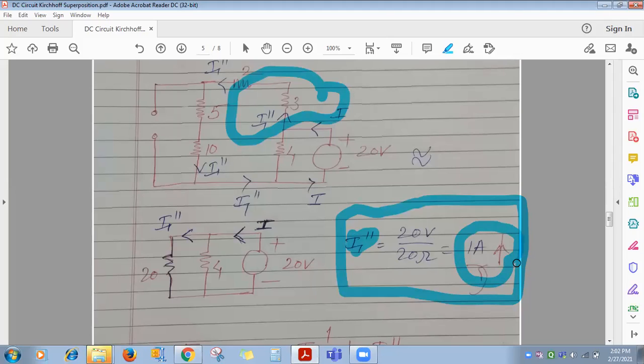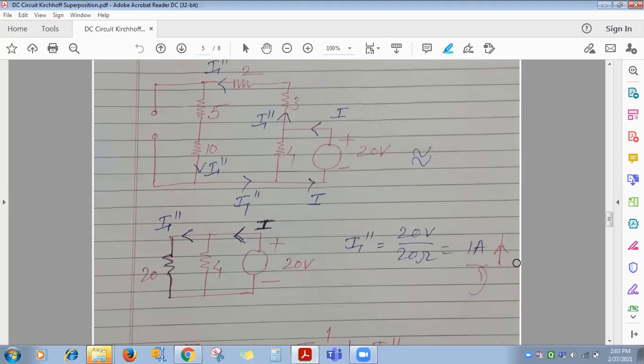We want only the value and direction of current flowing through the 3 ohm. So whatever direction is represented here is only through the load resistance. Is this clear to everyone? We are not interested in the rest of the current directions or variables. Got it? So up to this everyone got?